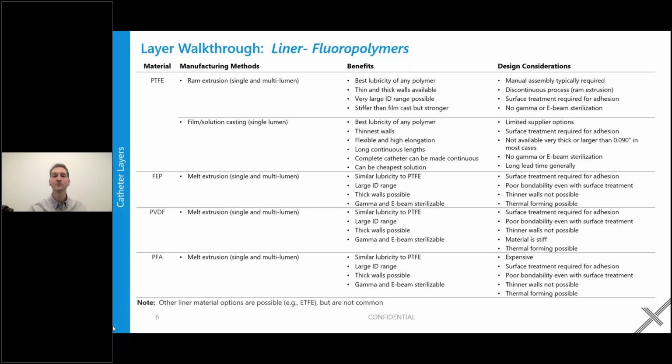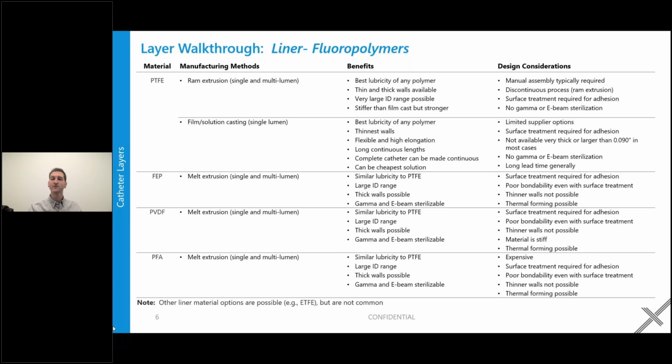It's difficult to get down to the 1 thou range in those extruded materials, and so that's where they become less preferable, because usually we want the liner to be as thin as possible because it is a fairly stiff element. But there are applications where you don't care. The stiffness is fine, the thickness is fine, and you can get away with using one of these other materials and be able to get away from using ethylene oxide and use gamma or E-beam sterilization.